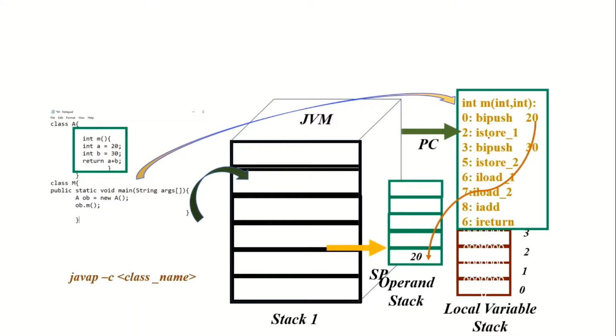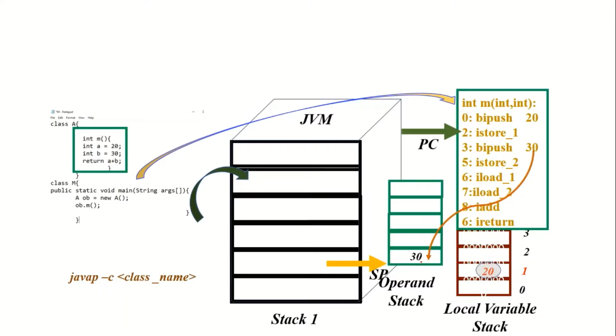Then here it is written store. So what is the meaning of this store? It means now take this value from the operand stack to the local variable stack. After that the operand stack becomes empty. I have already explained, when we have no item in the stack, it is an empty stack. Then again I will push 30.